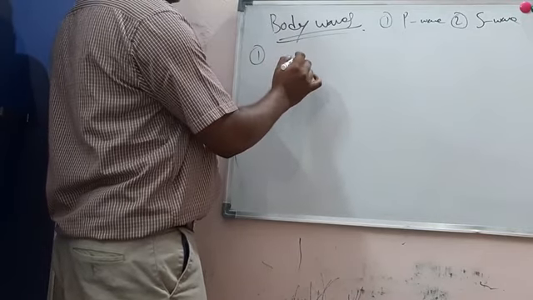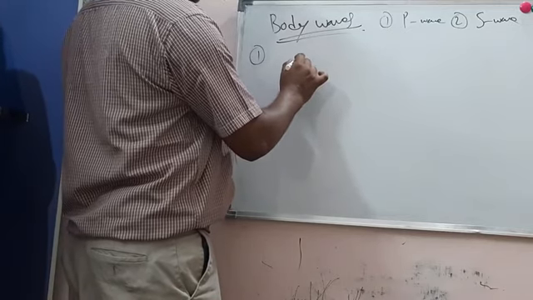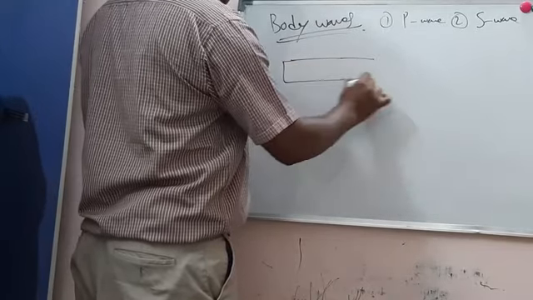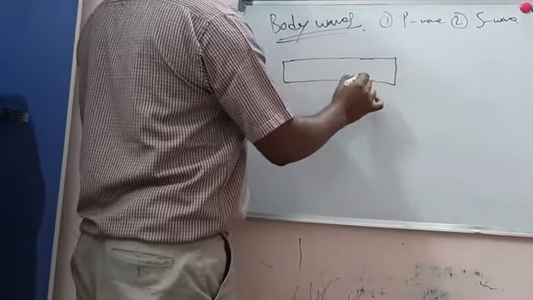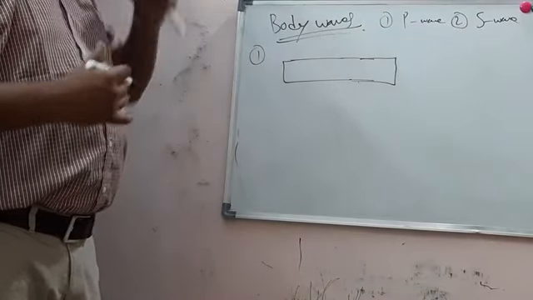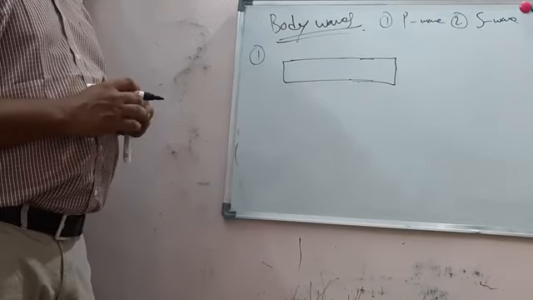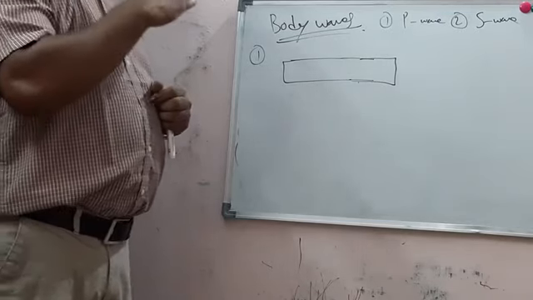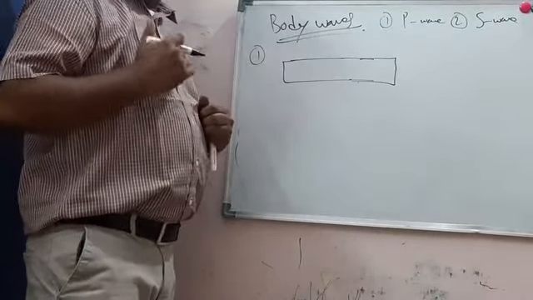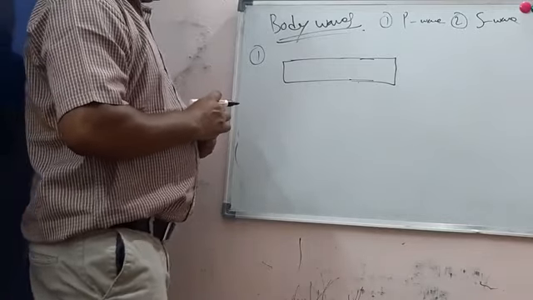So in this case, as you know, body waves move inside the Earth system, unlike surface waves which move on the surface of the Earth, whereas body waves move through the rocks and other materials of the Earth.